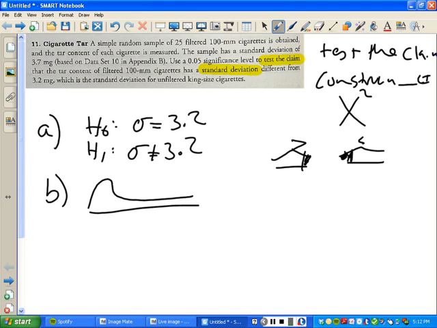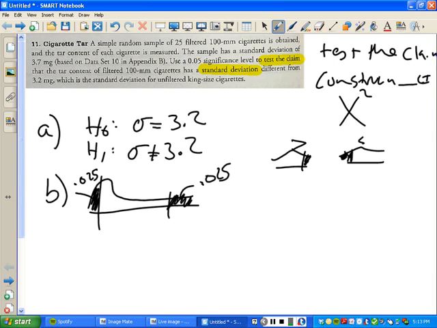So do we do the regular bell-shaped, or do we do that funky, drunken looking one? You're doing a skewed graph because it's chi-square. Okay. So this area here and this area here. Now keep in mind that these two areas are equal areas. So this is 0.025 and this one is 0.025.